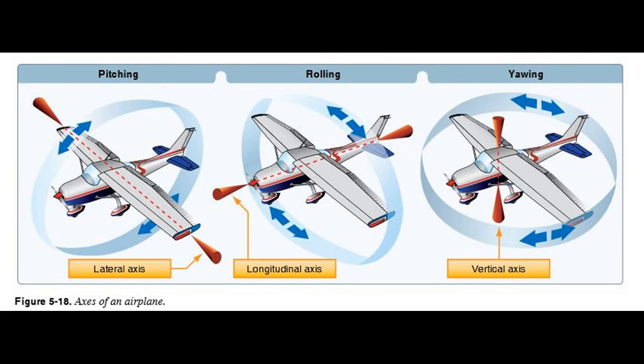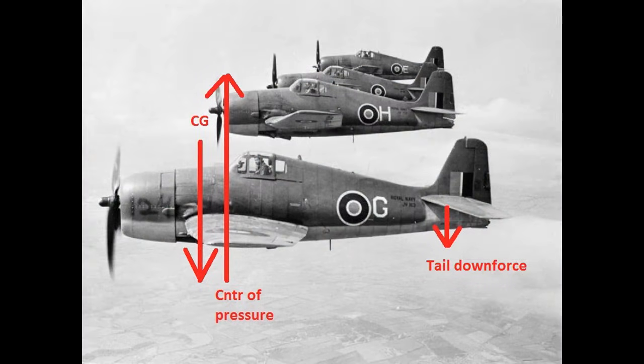So, to prevent that from happening, the tail provides downforce. About 99% of all airplanes are set up this way, with the CG forward of the center of pressure and the tail producing downforce. This gives the plane a certain amount of pitch stability.